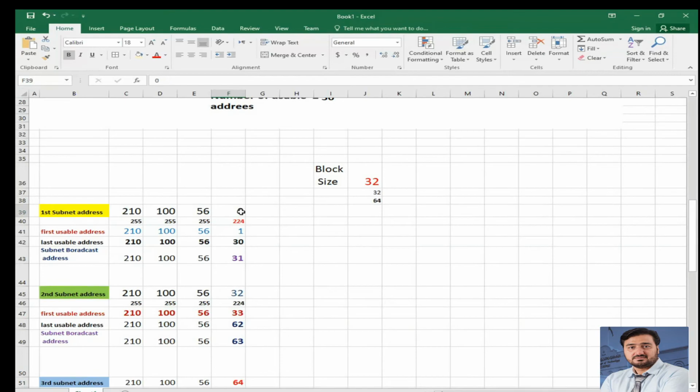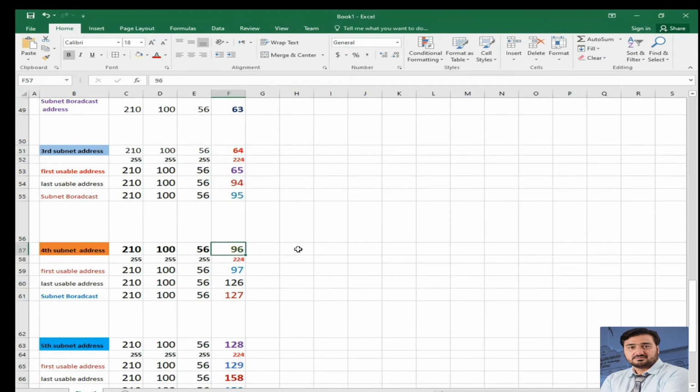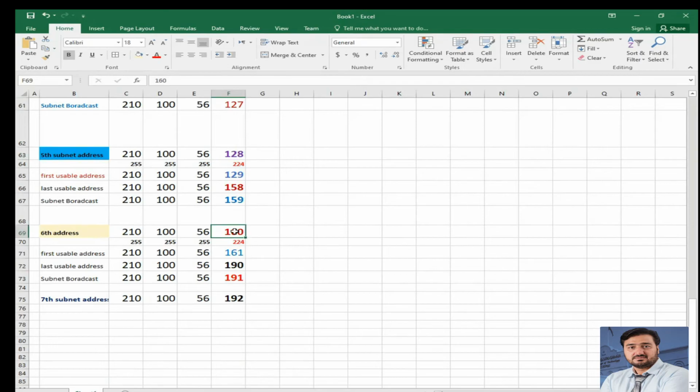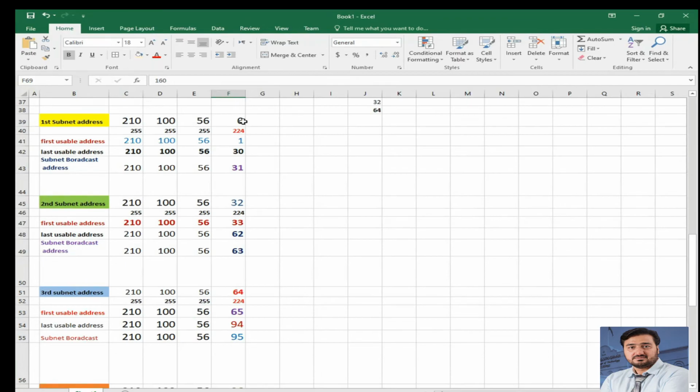So the first subnet was 0, second subnet was 32, third subnet was 64, fourth subnet was 96, fifth subnet was 128, sixth subnet was 160. Here we need the subnet address and broadcast, that is why we find 192, because we add in each value. If you add 32 in 0, it becomes 32.